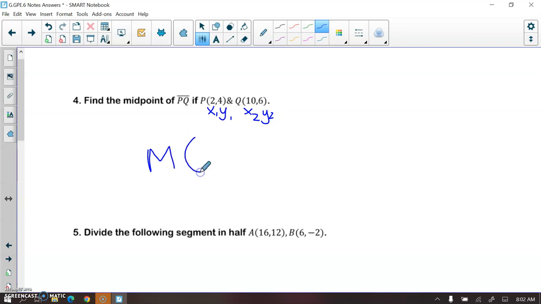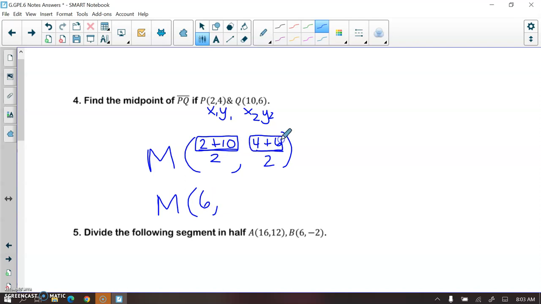Midpoint, we use capital M to stand for midpoint, and we're going to do my x1 plus my x2 all over 2, always divide by 2, and my y1 plus my y2 divided by 2. So I wind up with my midpoint being 2 plus 10 is 12 divided by 2 is 6, and 4 plus 6 is 10 divided by 2 is 5. So my midpoint is (6, 5).